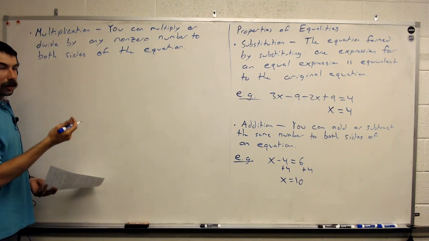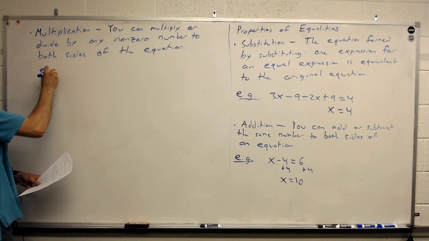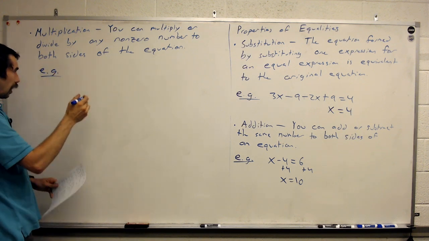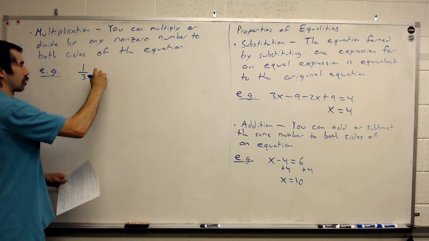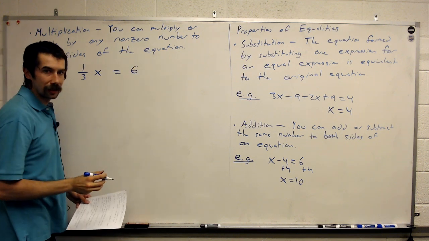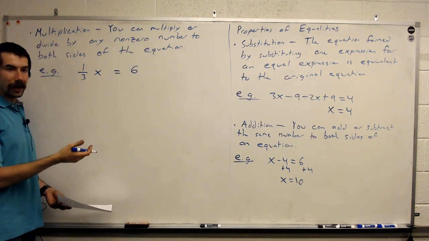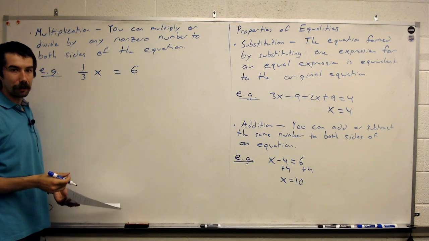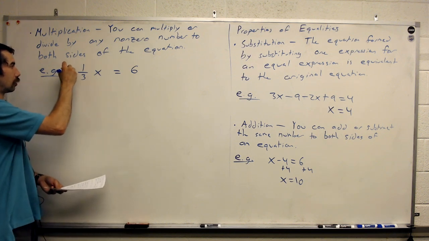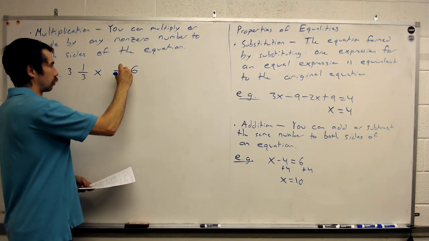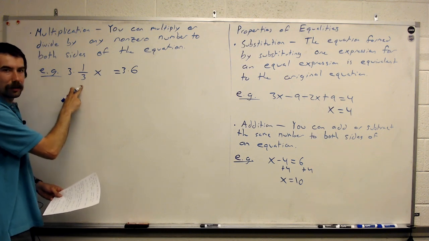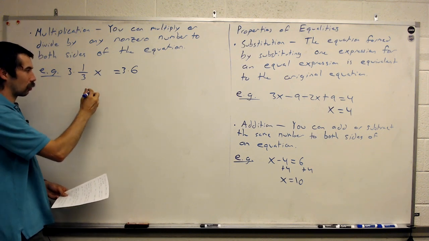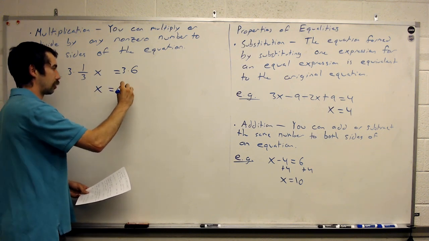All right, and so, for example, if we had 1/3 x equals 6, one way to rewrite this equation is multiplying both sides of this equation by 3. Okay, 3 times the third is 1, so this is just 1x, or x equals 18.